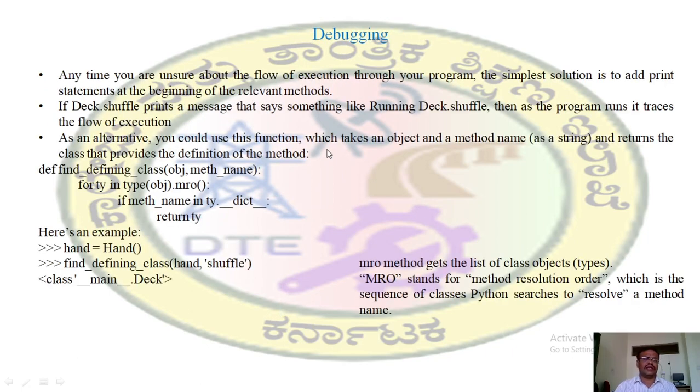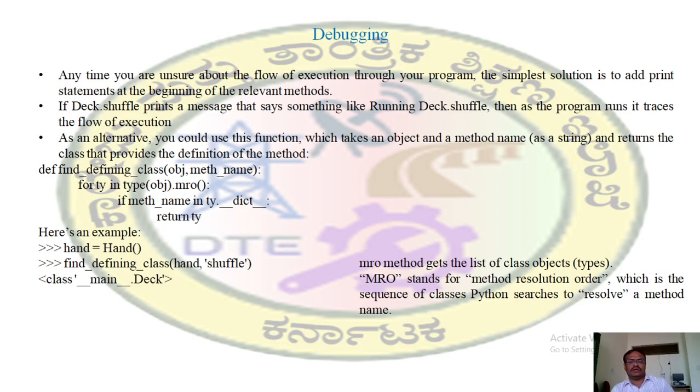The next one: any time you are unsure about the flow of execution through your program, the simplest solution is to add print statements at the beginning of the relevant methods. If deck.shuffle prints a message that says something like running deck.shuffle, then as the program runs, it traces the flow of execution.